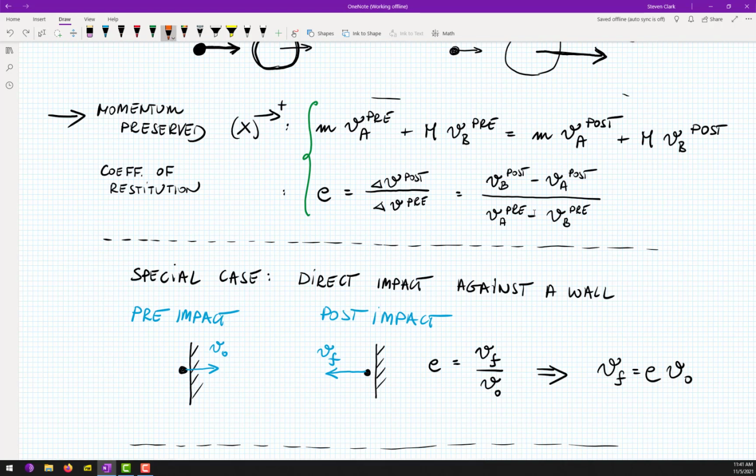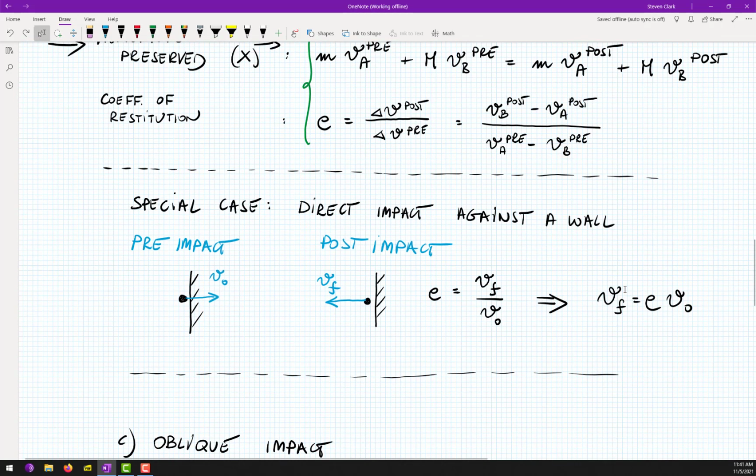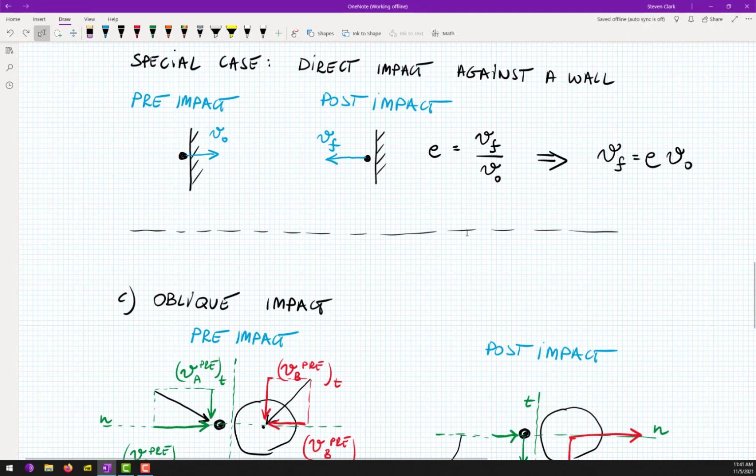However, these guys are zero, this is zero, and this is zero. So we just simplified this equation, and this is how we know what the final velocity is. Okay, that's it when it comes to direct impact.